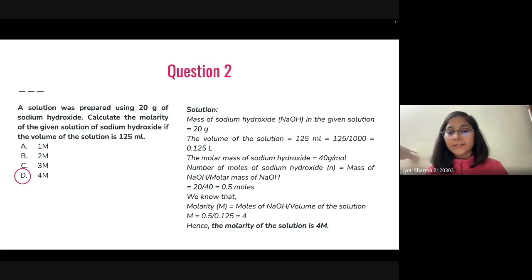Then molar mass is 40, and number of moles is equal to 20 by 40, that is given mass upon molar mass, and molarity is the number of moles upon volume. And this is how you will get the molarity. Is there any doubt? If you have any doubt, then I can solve, otherwise we can go further, right?